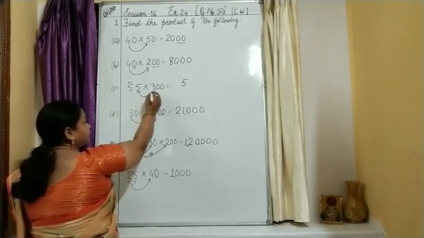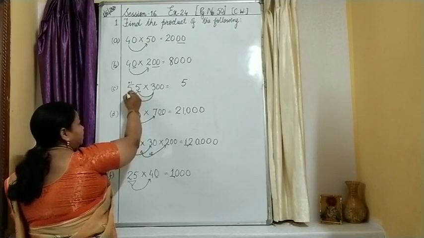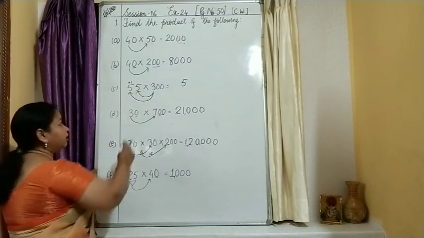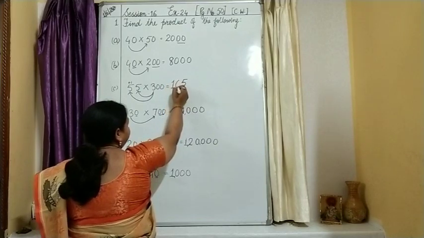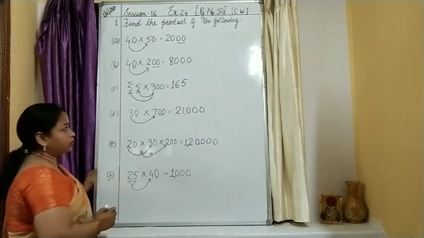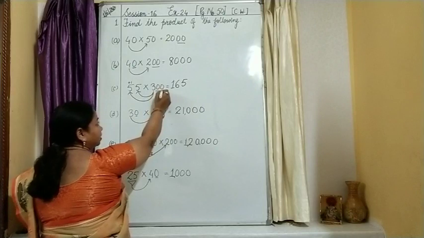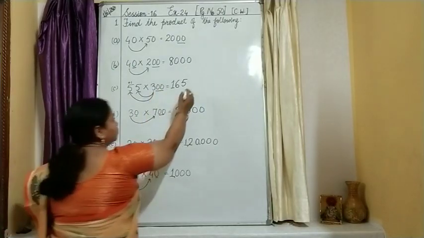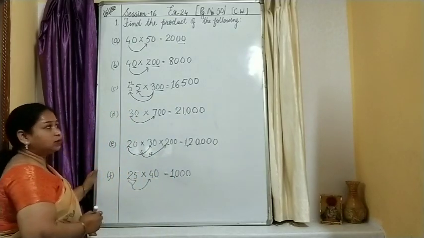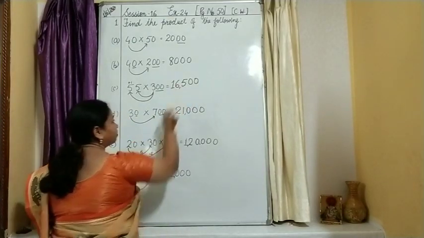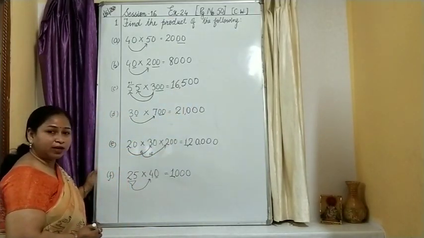These are the tricks I am teaching. 3 5s are 15 again, and then plus 1 is 16. Is our answer complete? No, not yet. How many zeros do we have in the question? 2 zeros. So place these 2 zeros over here, and then your answer is 16,500. Isn't it very easy?